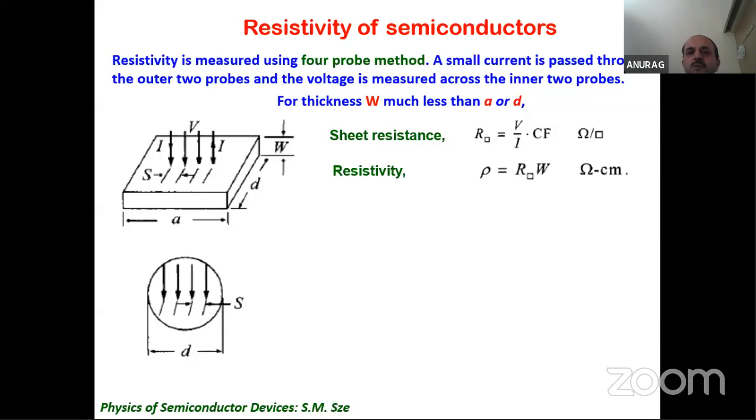A very simple 4-probe method is what we call the collinear 4-probe method. What you see here are figures I have taken from the famous Physics of Semiconductor Devices book, SMZ. So what we have is a substrate or a thin film. W is showing here the thickness of the thin film or the substrate. So I don't distinguish now between a bulk substrate or a thin film. I have already described that.